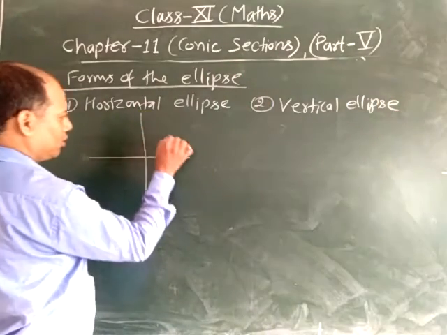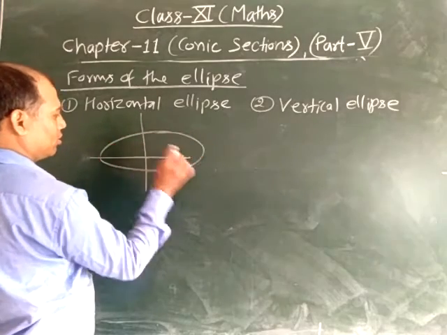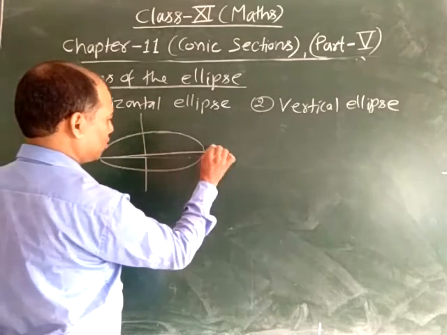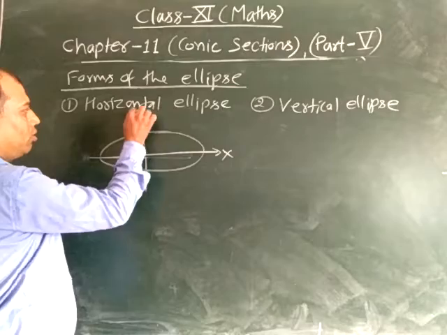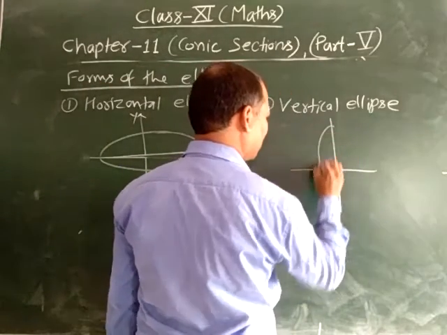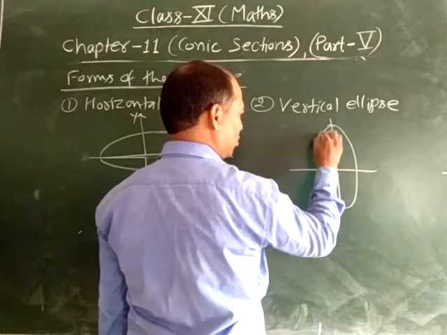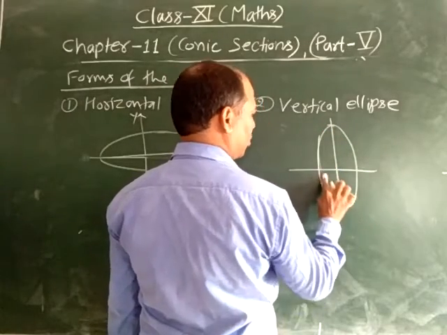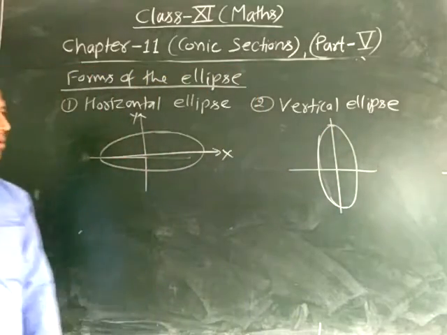Horizontal ellipse is like this, and the vertical ellipse is like this.